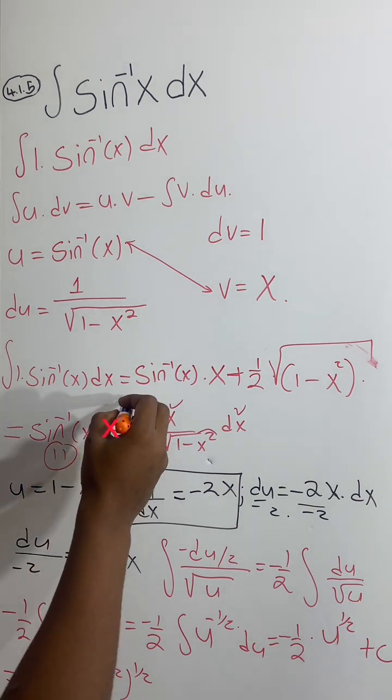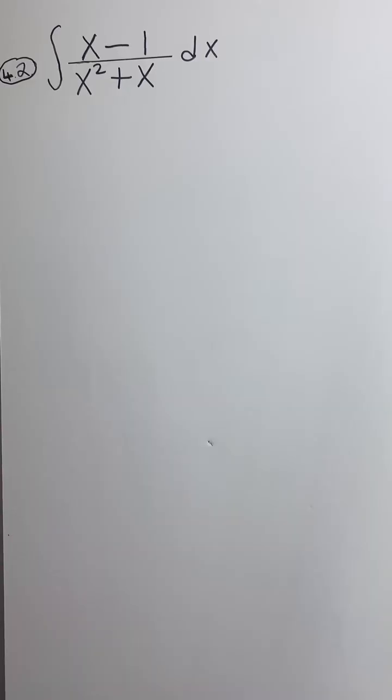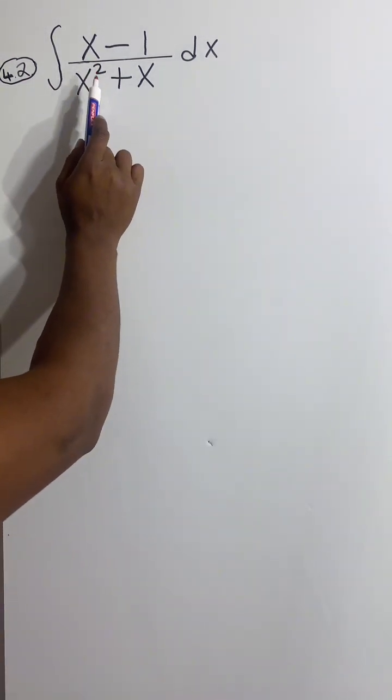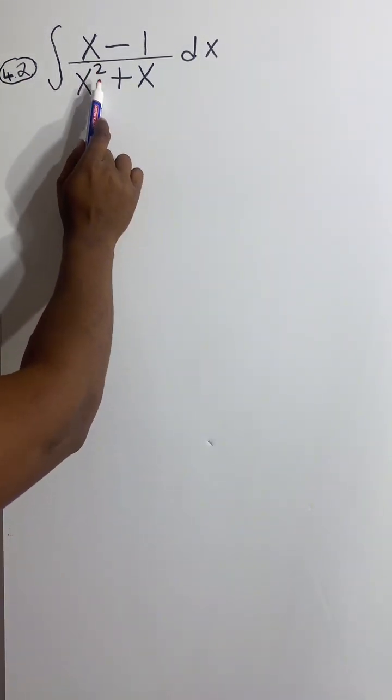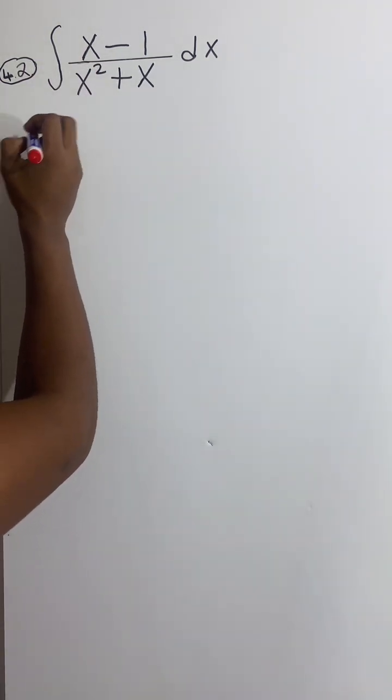And this will be the answer for question 4.1.5. To evaluate the integral of x minus 1 divided by x squared plus x dx, since the denominator has a higher power compared with the numerator, we have to use partial fractions.